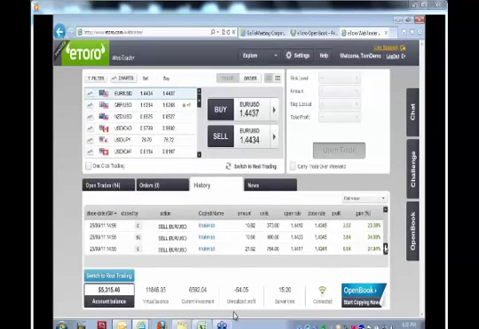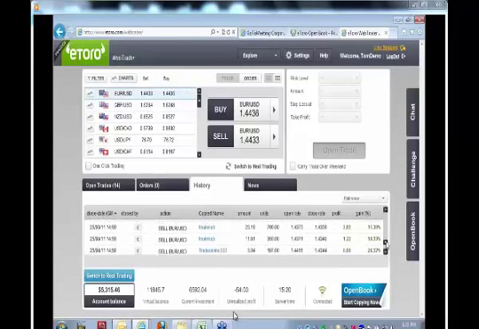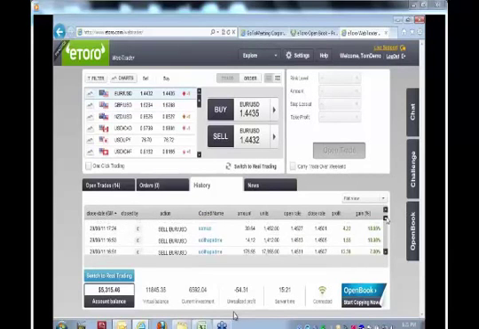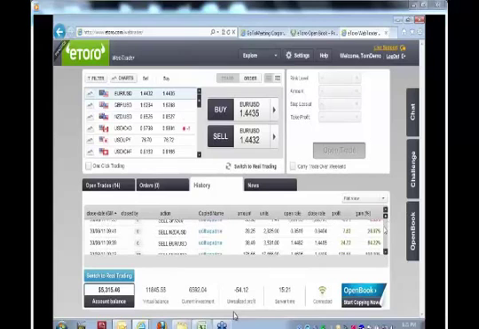Here is the history of my positions. Copied name, profit, the percentage of gain. Some of these are small, some of these are larger, but overall look at the green. Some of them are red, yes, but much more green than red. And that's the best thing about it, because I didn't do anything here. I really didn't.